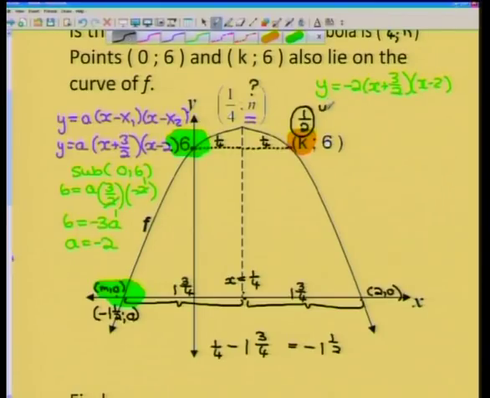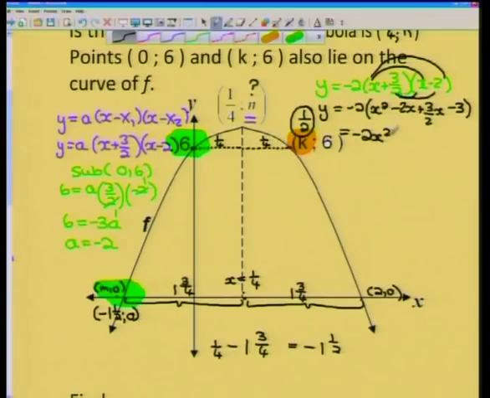Right, now we're going to multiply this out. So y is equal to minus 2. If we multiply the firsts, we get x squared. If we multiply our outers, we get minus 2x. Our inners are going to be plus 3 over 2 x. And our lasts are going to be minus 3. Tidying that up, I've got minus 2x squared.